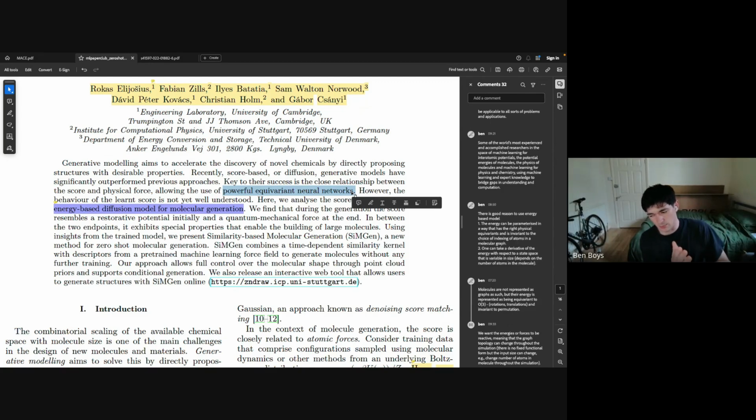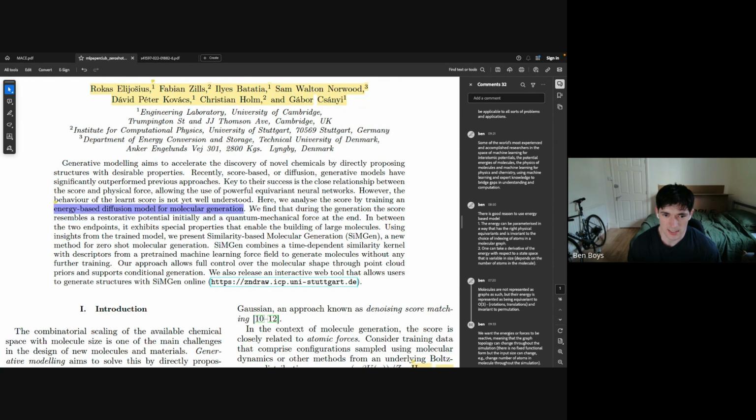That is baked in with a more complicated parameterization that is outlined in this paper in the section about the maths. So we'll go through that. So they find that during the generation, the score resembles a restorative potential initially and a quantum mechanical force at the end.